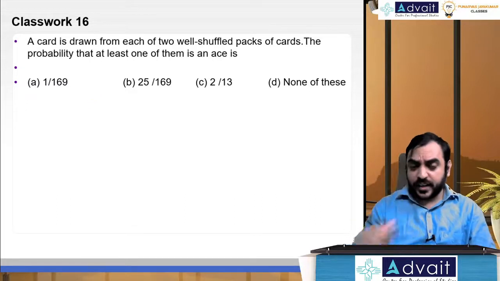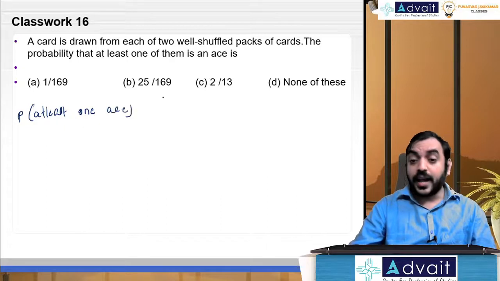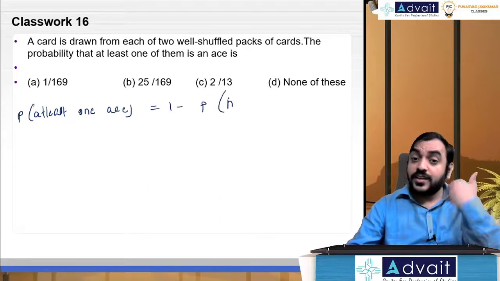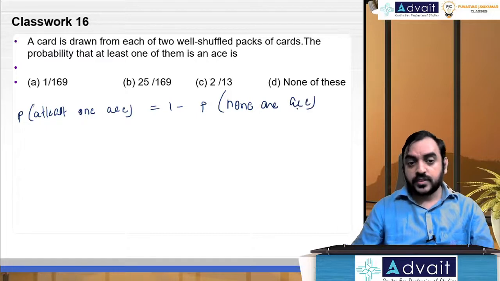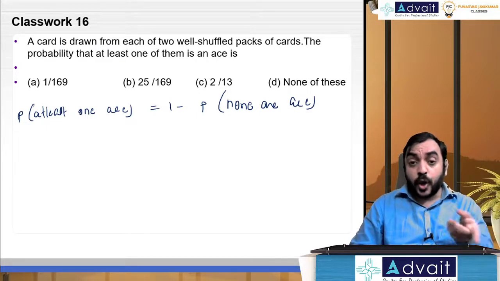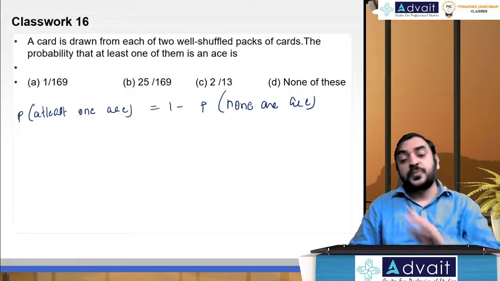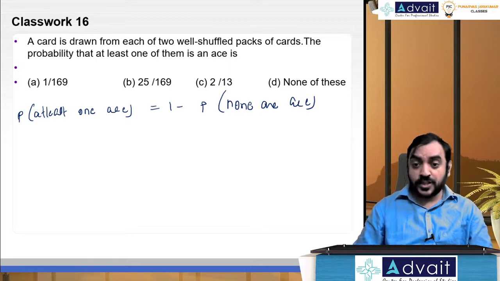That is easier, right? So probability of at least one ace, I can write as 1 minus probability of none of them are aces. Probability of at least is 1 minus probability of none. Probability of either is 1 minus probability of neither. Complement method. Hope you got the point.